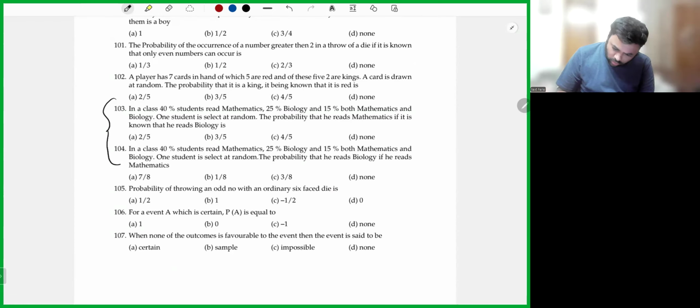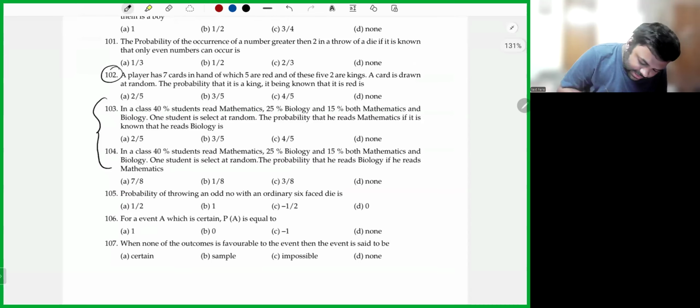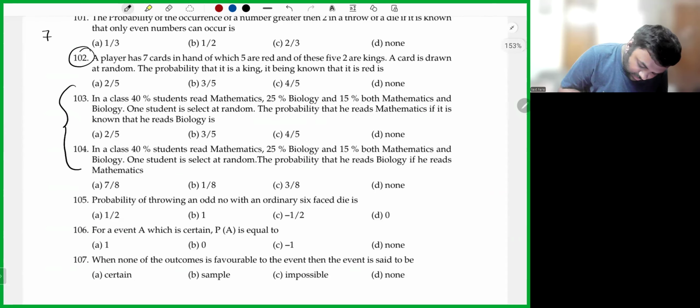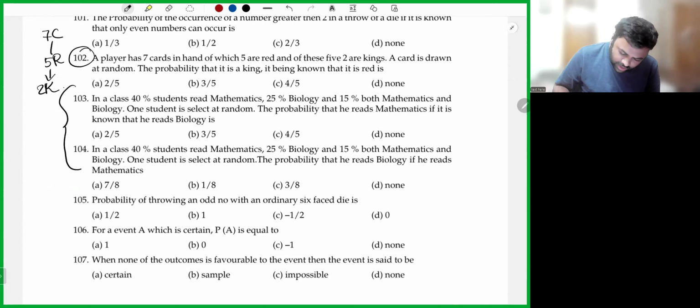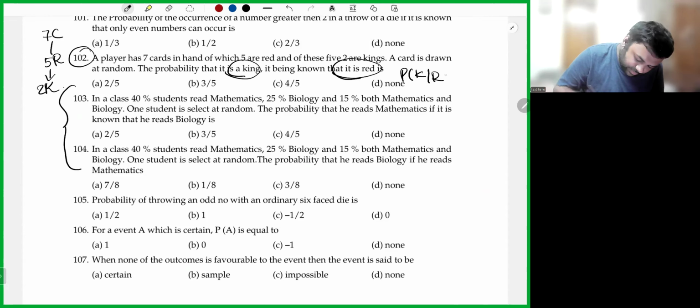Even 102 and 101 are also based on conditional probability. First, let's see 102. A player has 7 cards in which 5 are red. Out of these 5, 2 are kings. A card is drawn at random. The probability that it is a king if it is known that it is red.